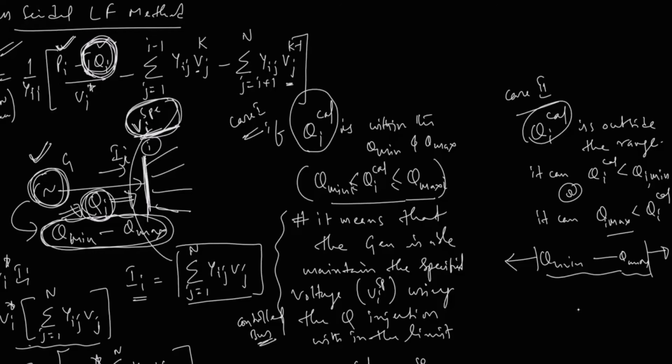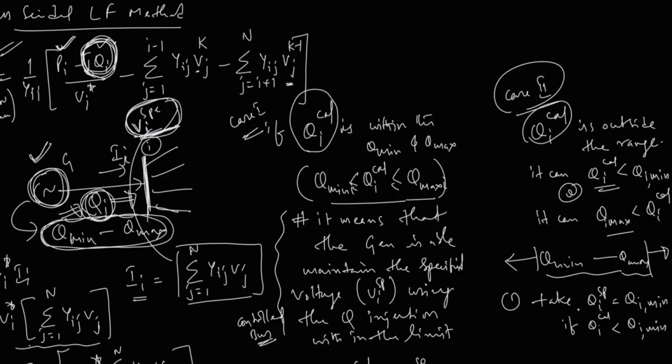Right? Now what we do is, if this is case 2, then take Qi specified equal to Qi minimum if Qi calculated is less than Qi minimum.